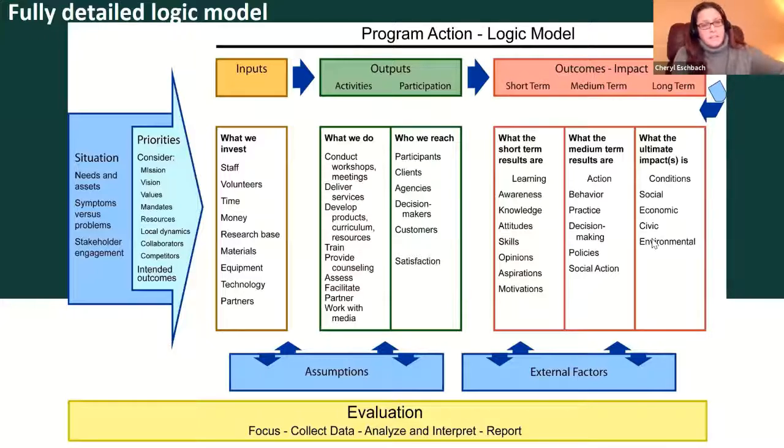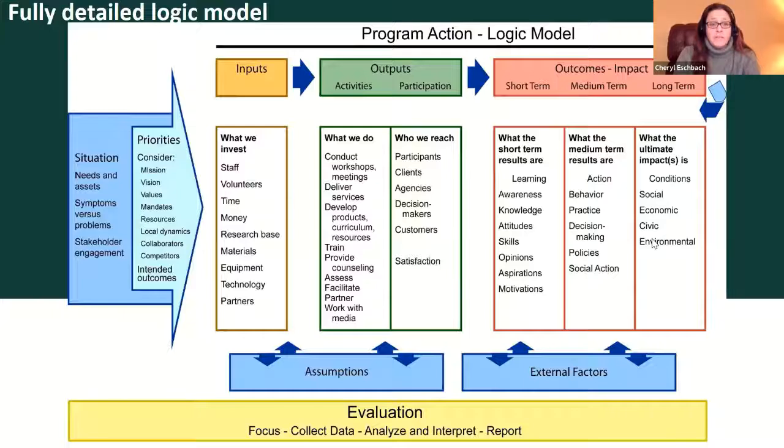The fully detailed logic model also incorporates some things outside of the 3 core areas that I've been talking about. It takes into account the situation, so needs assessments that we may have done, societal problems that we're trying to alleviate, stakeholder engagement, where did projects originate from, what kind of need came from the community that we are addressing.